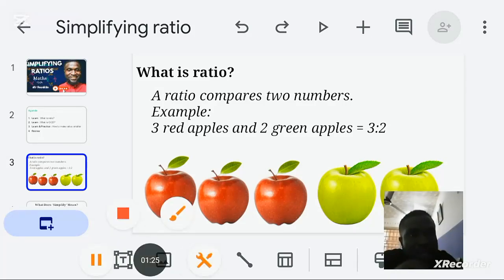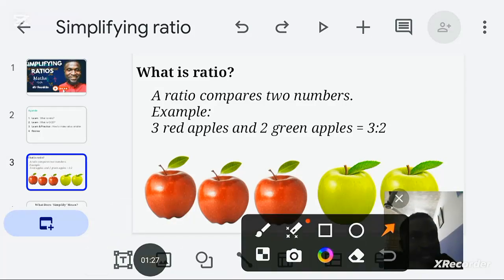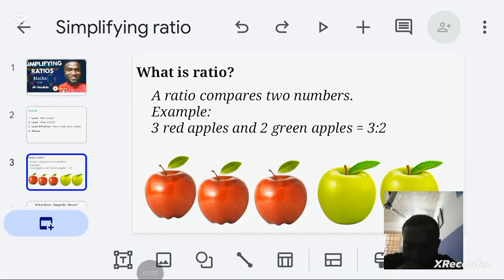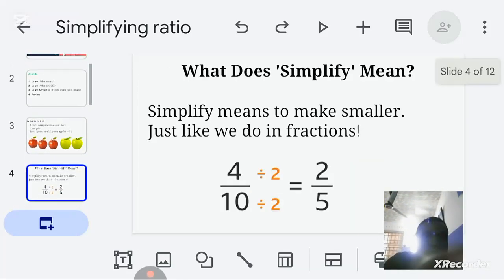Let me use my arrow to indicate it. Like this is how you write it. Okay, now let's go to the next.